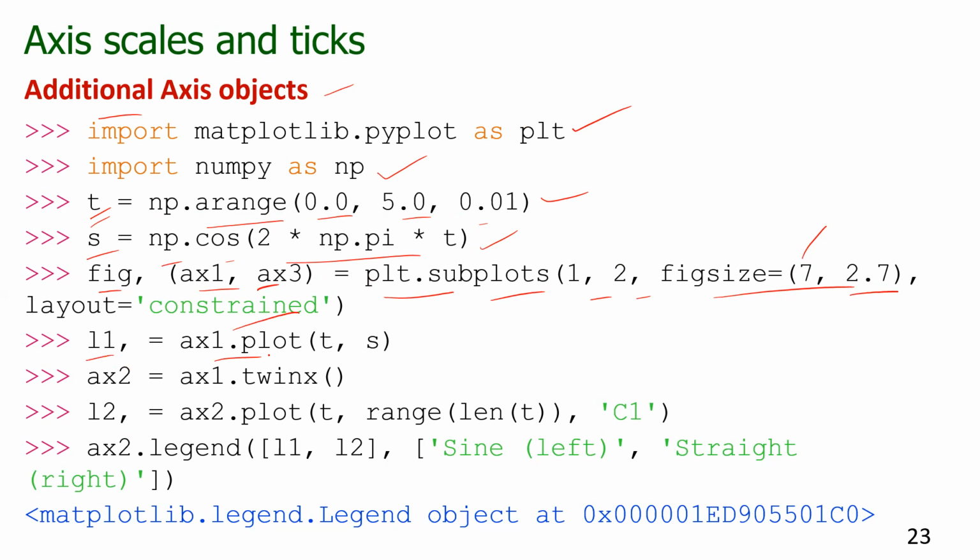Here L1 is ax1.plot with t, s values. ax2 equals ax1.twinx, the additional axis. L2 equals ax2.plot of t, range of length of t with label. Then ax2.legend, we are defining L1, L2. Take the labels sine left, straight right.